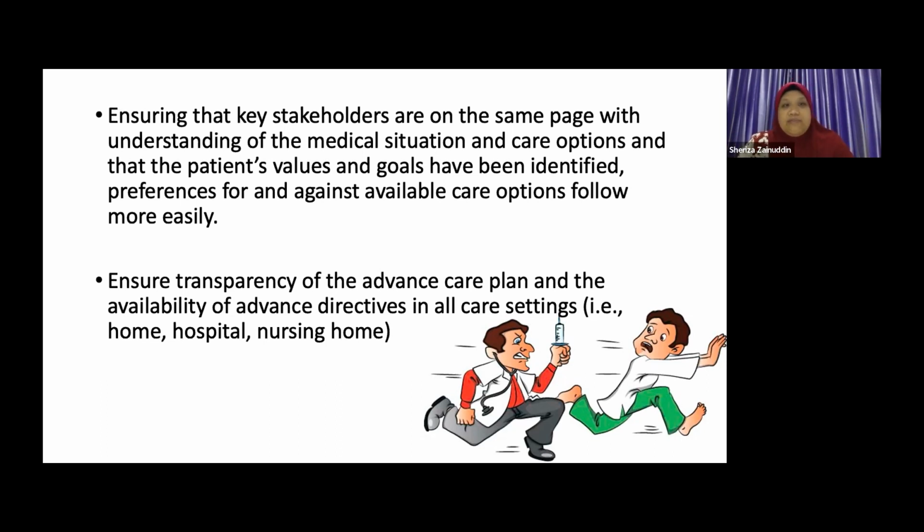That means they should have almost similar understanding of the medical condition, the care option, treatment option, and even the patient's values and goals, so that they are able to follow and carry out what the patient's preferences are. Here, ensure transparency of the ACP. That means make it available if it's at home.